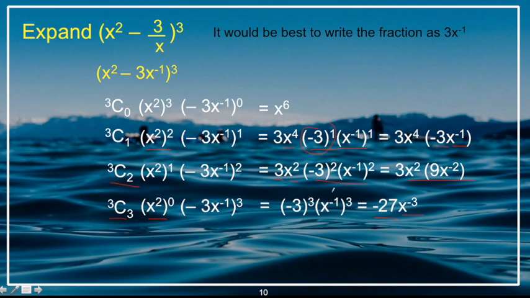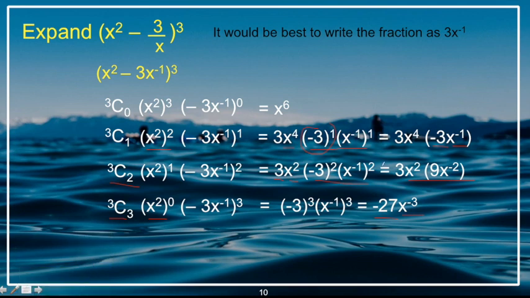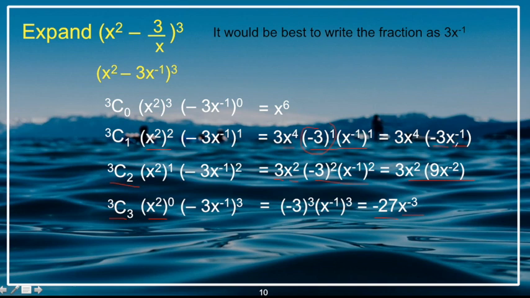Okay, now notice that here in the second term, for example, let me just change the color. Okay, so I think let's make it yellow. All right, so here x to the power of 4 and x to the power of negative 1.